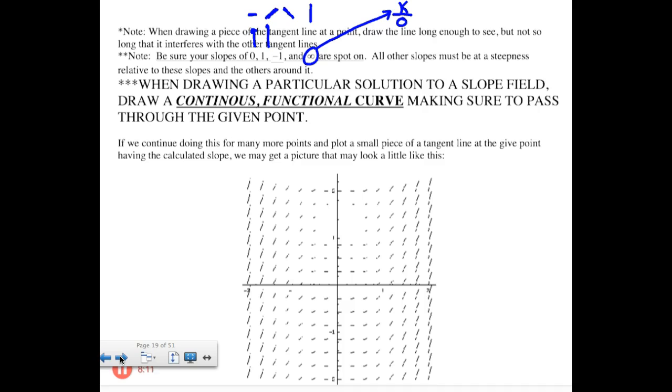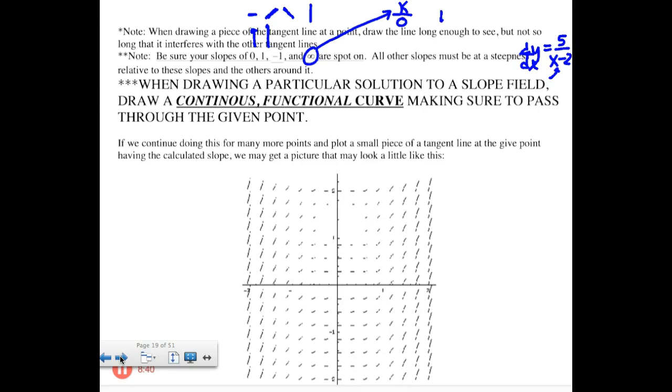So what that means is if you had y equals 5 over x minus 2 and you were trying to draw the dy/dx differential equation and you were trying to draw the slope field for that, everywhere x is 2, I would have 5 over 0, and what that means is everywhere x is 2, I'd have vertical tangent lines, and so I'd go like that and I'd create an asymptote on my slope field.